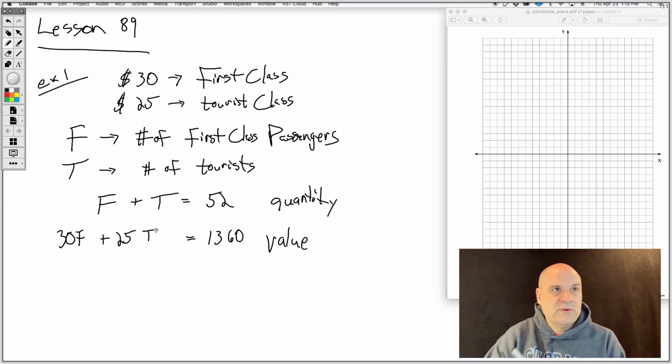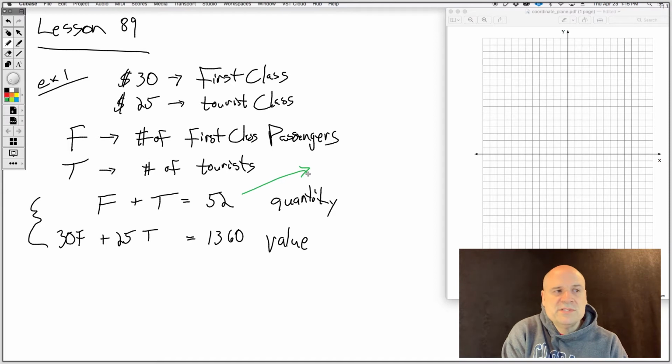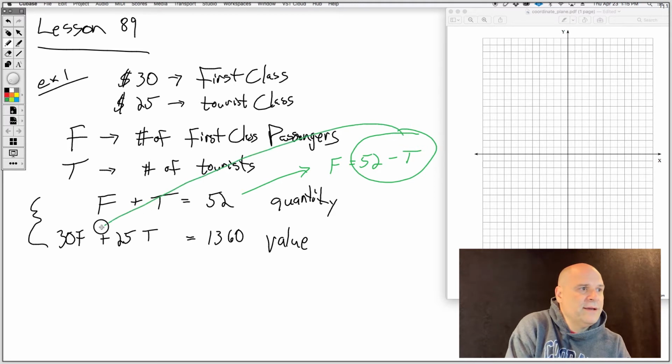If you add all that up, it should come to 1,360. Now we have two equations with two variables in it. I could use substitution or elimination. I think let's use substitution. So F equals 52 minus T, or you could say T equals 52 minus F, doesn't matter. Now we have an expression for F that we can plug in right there.